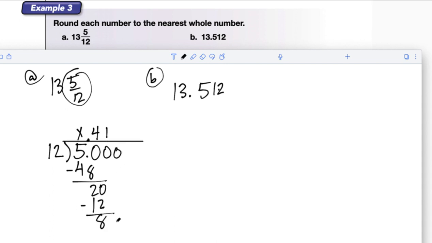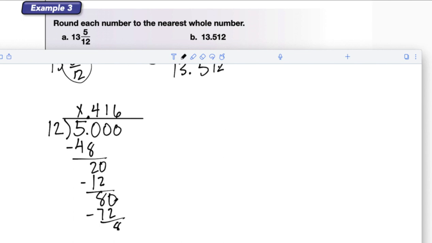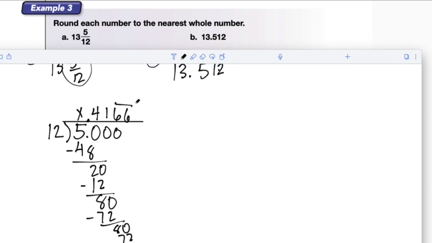We drop the 0 down. 12 goes into 80, like 6 times, because 6 times 12 is 72. Then I subtract, and I'm getting an 8. Wait a minute, did we do this before? Let's see. 8, drop it down, we get the 80. Yeah, we did. It's like deja vu. It's going to be 6, and then 72, and then 6, and then 72. So you see we get this repeating thing here.